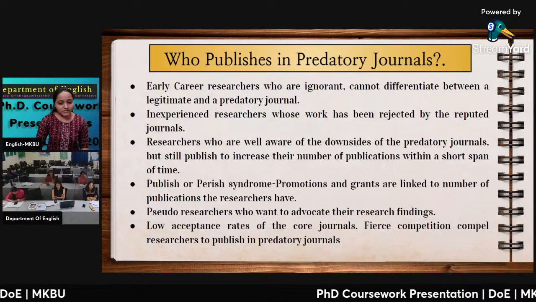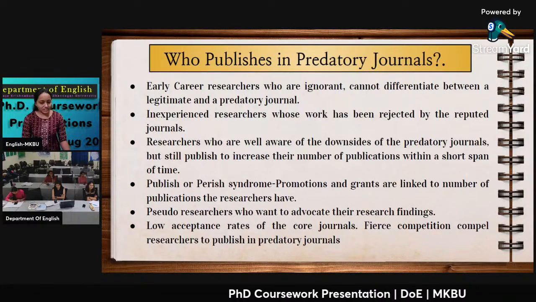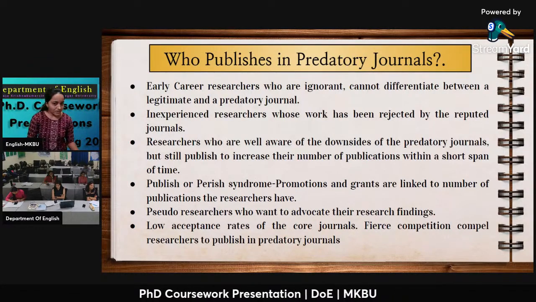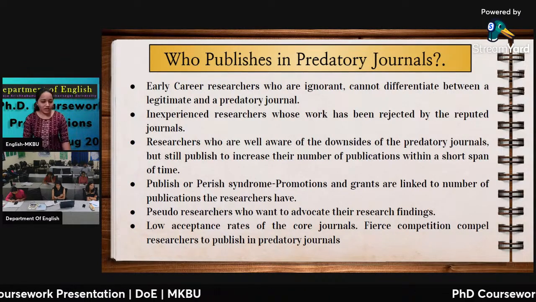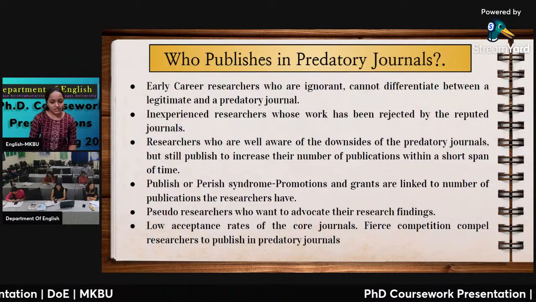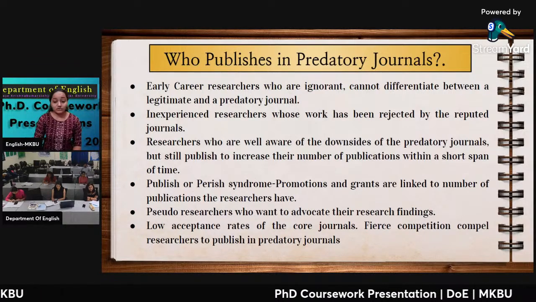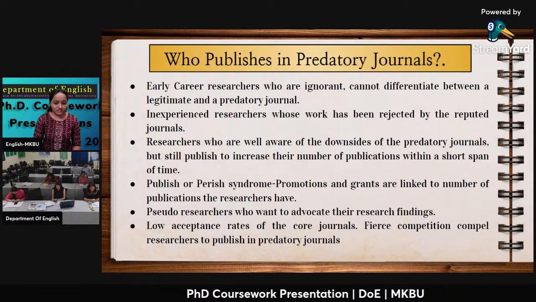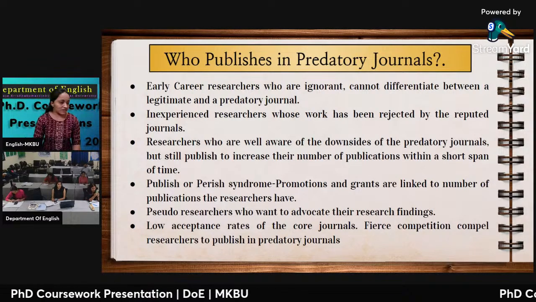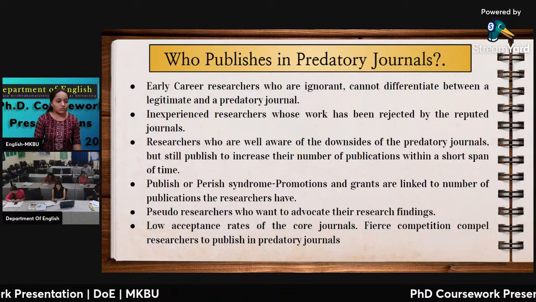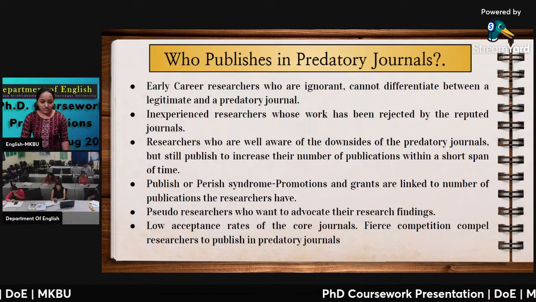Inexperienced researchers whose work has been rejected by reputed journals go to predatory journals. Some researchers are well aware of the downsides of predatory journals but still publish to increase the number of publications within a short span of time. So we are increasing our number of publications by publishing in predatory journals.